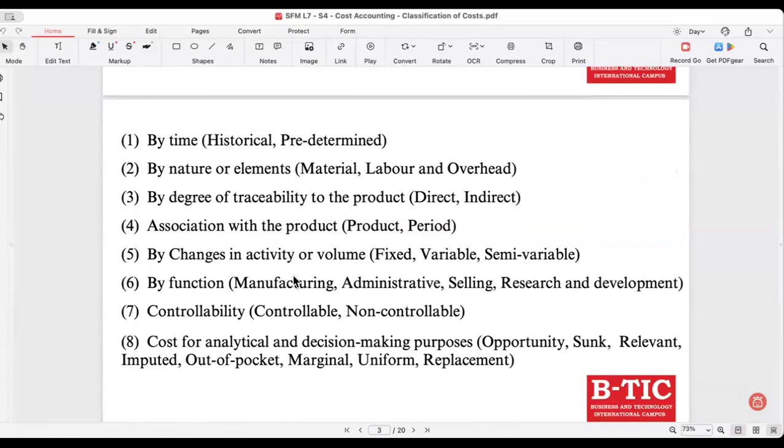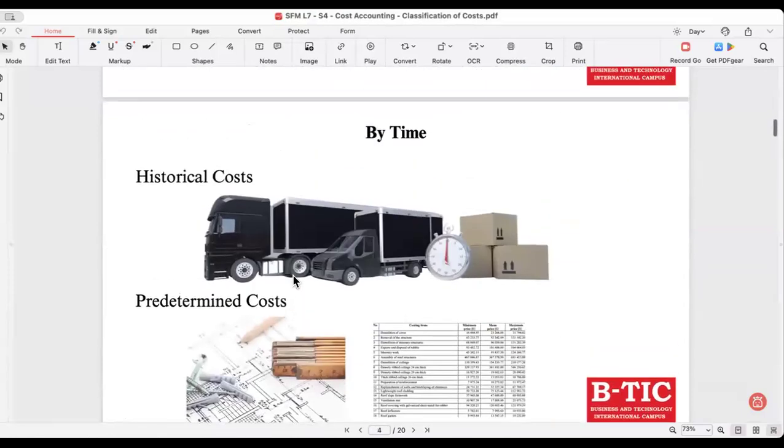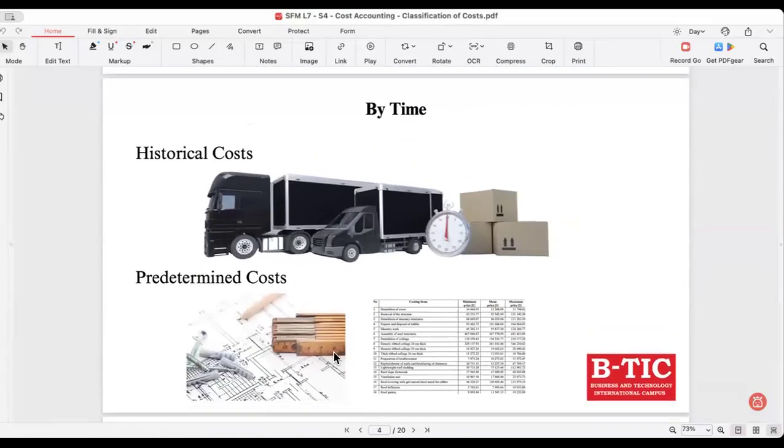So first, we're going to learn about historical cost and predetermined cost. What are historical costs and what are predetermined costs? Now, historical cost, these are the actual costs that have been incurred in the past. So these costs are ascertained after they are incurred. Some cost has already been done. It's finished.